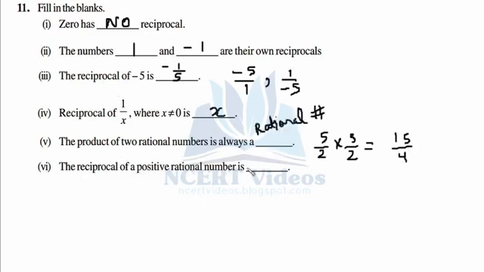The reciprocal of a positive rational number is positive. As you can see here, we have 5 over 2 for instance. We'll find its reciprocal. That is, flip it, 2 over 5, it is again positive. It will hold for any rational number. So that completes your last question for exercise 1.1, class 8th.